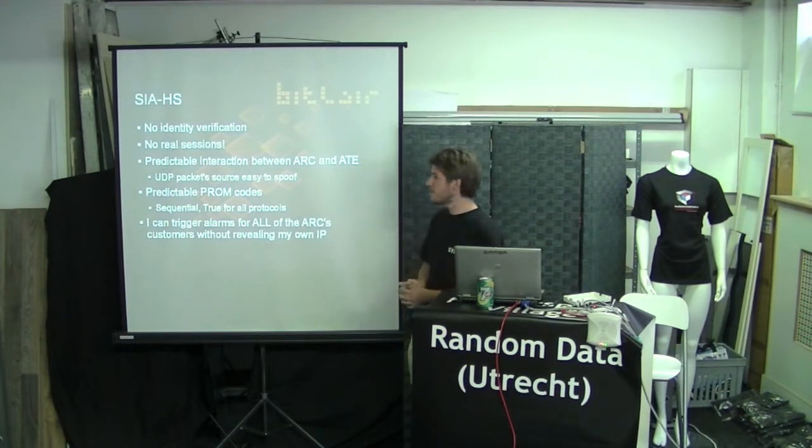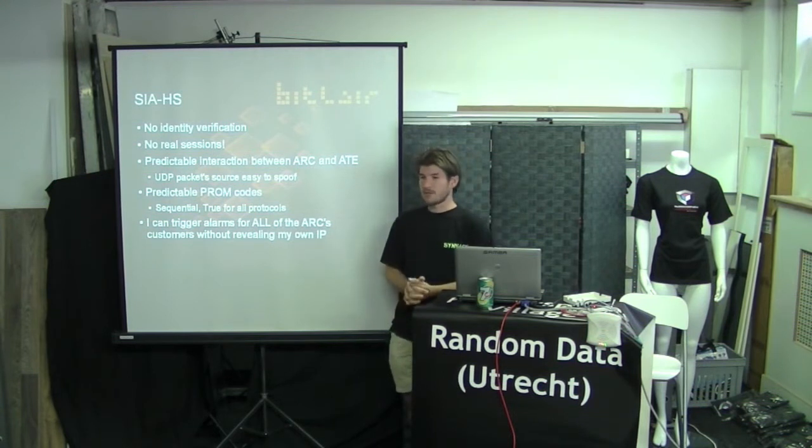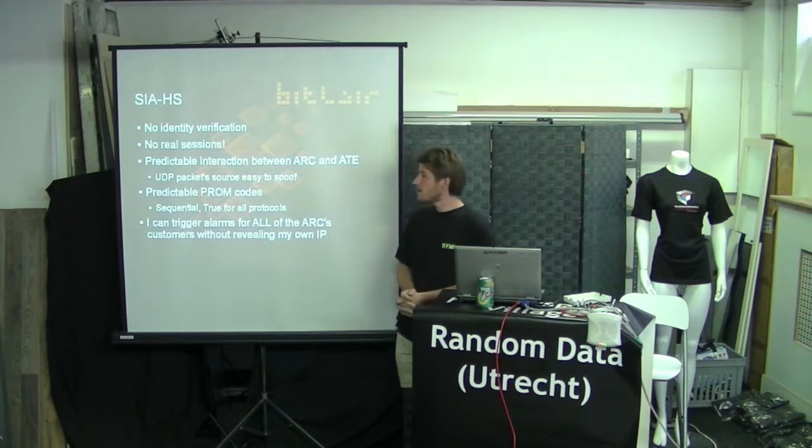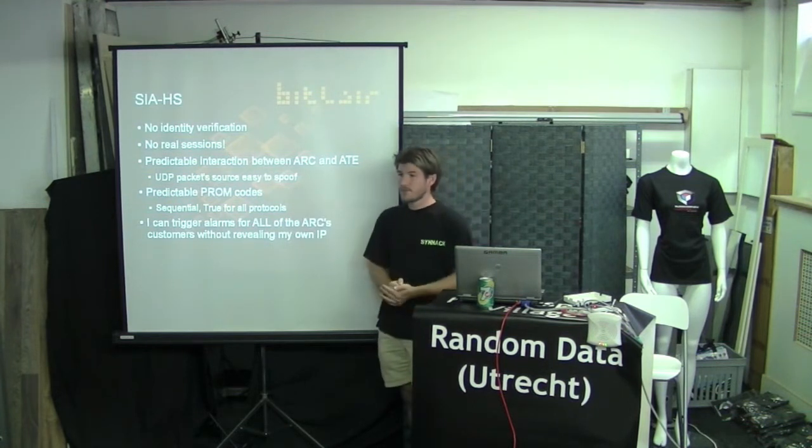These are UDP messages, and the interaction is completely predictable. Once you know which port you get from the ARC to connect to, it's always static. You always get redirected to the same port. And you can just spoof a message to it, because you can just inject things. So basically, the prom codes are also given out sequentially.